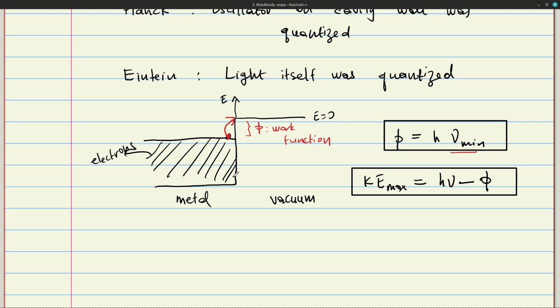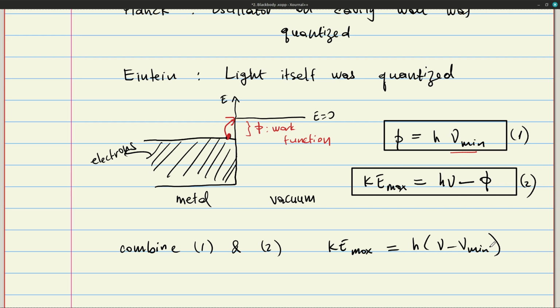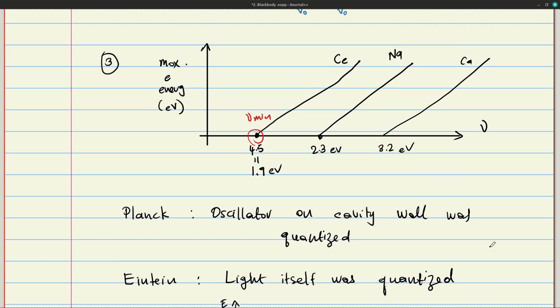Okay, so this is equation number 1, equation number 2, and if you combine 1 and 2, what you are going to find is kinetic energy max is equal to h times (nu minus nu min), which explains this last, right?